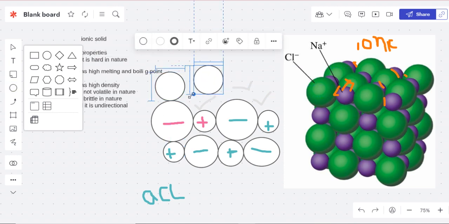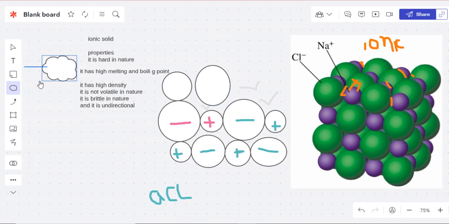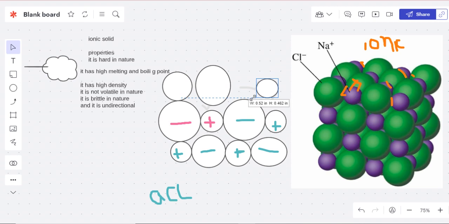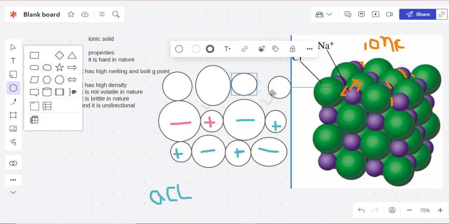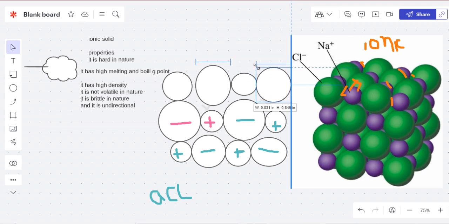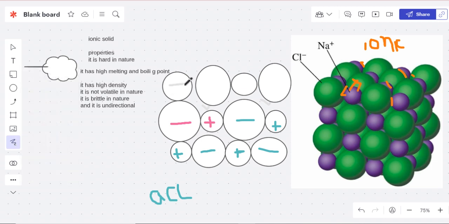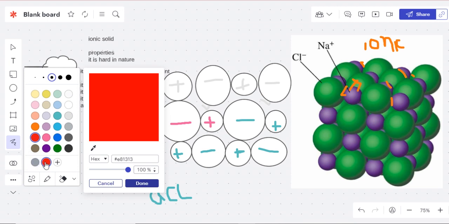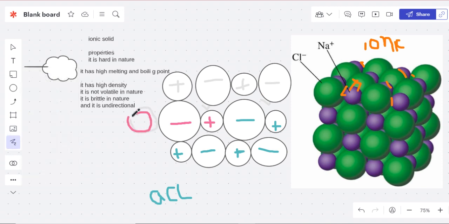Again, this is something like this. Here we can say this is positive, then this is negative, this is positive, this is negative, and here also positive.